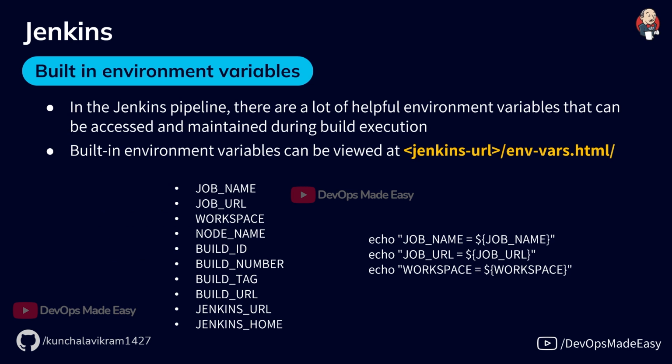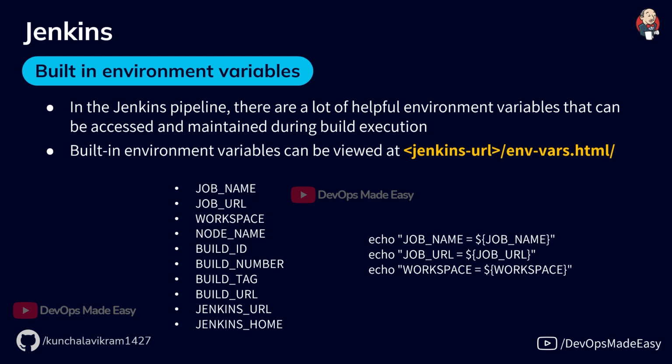And coming to the built-in environment variables of Jenkins, Jenkins offers a lot of environment variables which we can use in our pipeline jobs or freestyle jobs. So how do we use them? Why do we need them? And how do we access the built-in environment variables? Basically, these built-in environment variables can be viewed directly from your browser.